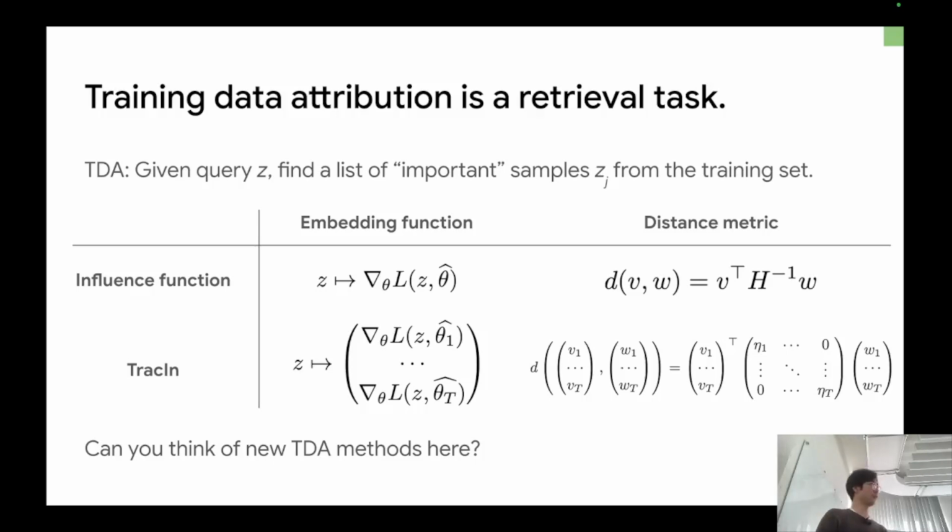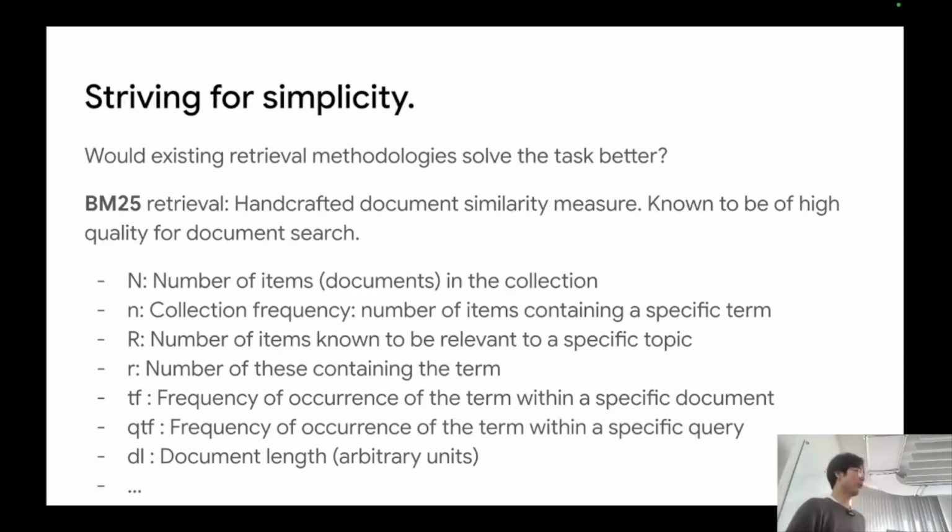So given this unified view, we can also come up with different ideas for how to do this kind of retrieval task: given a test sample, give me similar training samples from the training set. From this point of view, people also came up with different ideas for how to do training data retrieval using more classical ways of doing retrieval.